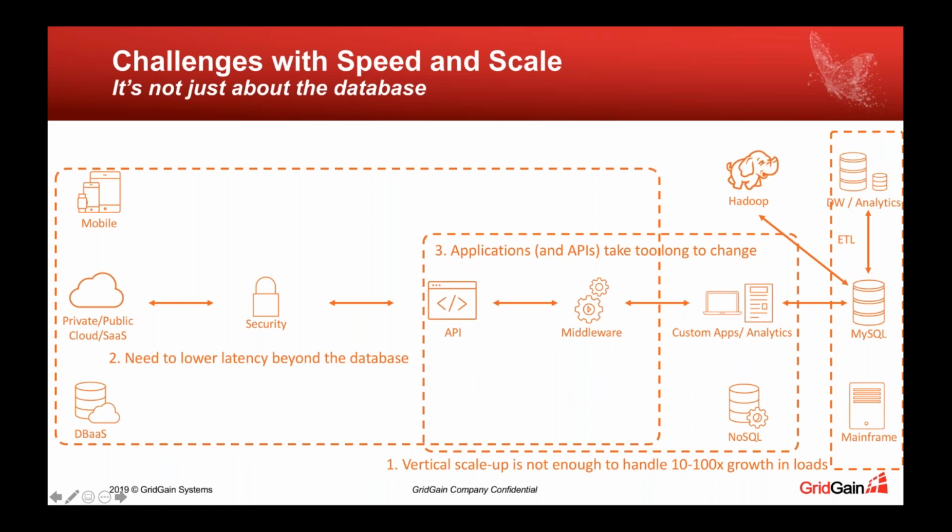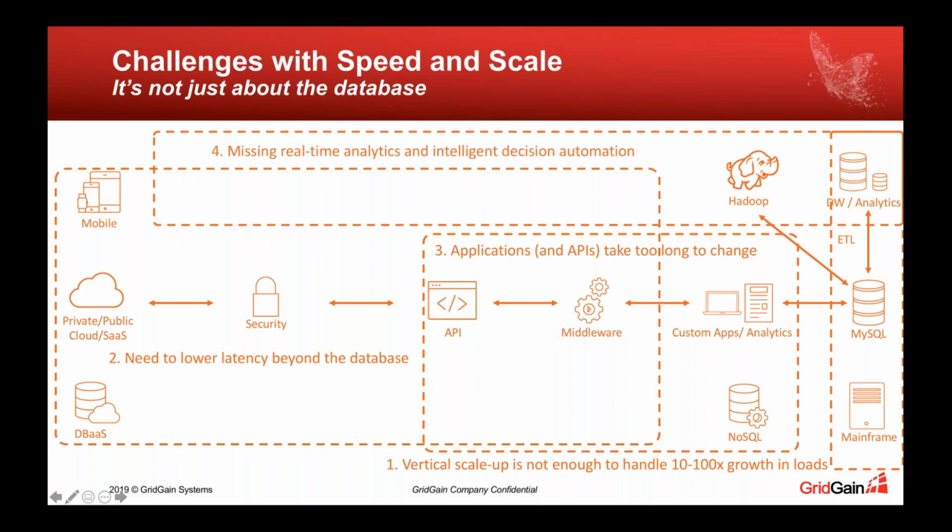And for an existing company, to do that is almost impossible unless you figure out the right architecture where you can make changes to APIs without having to make changes to your apps, because your apps do not change in days. They're months or years. It's just the reality of how they're built and how you release them. So you have to figure out how to do that as well, release in days, and be a lot more flexible to change. And then the final thing is, how do you do the real-time analytics?